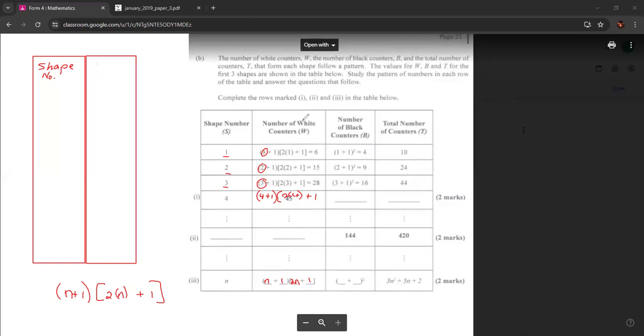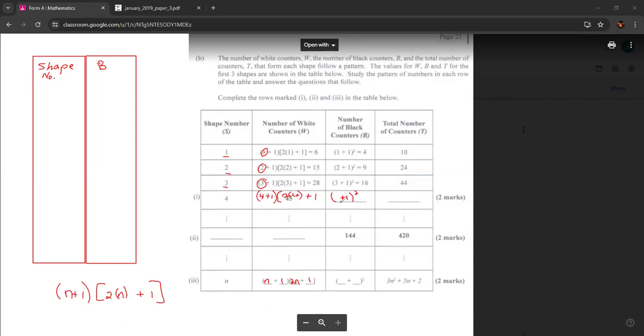So you are going to compare your shape number to your number of black counters. Now, if you look at it, it was always some number plus 1, all squared. And the number was the same as your figure number or your shape number.